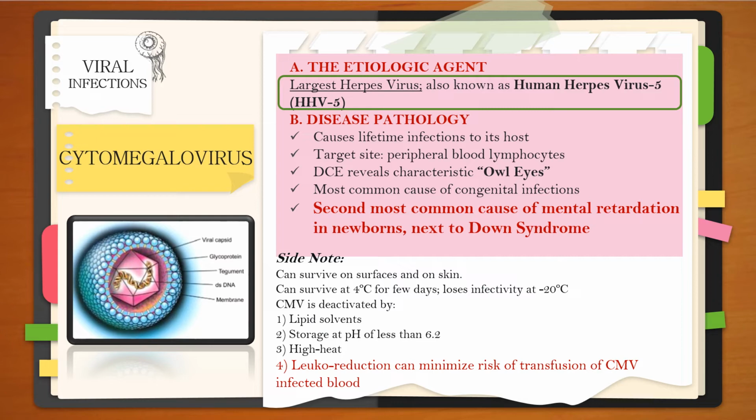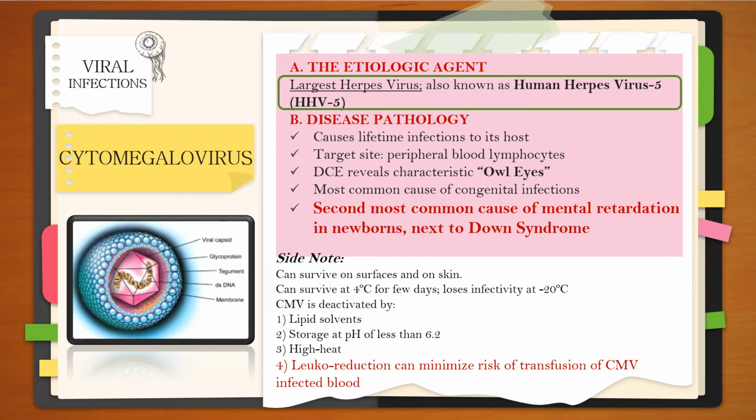A single cytomegalovirus can survive for hours on surfaces and skin of individuals who happen to contract the virus, and they can survive at a 4 degrees centigrade storage temperature for a few days, but lose their infectivity at negative 20 degrees centigrade.